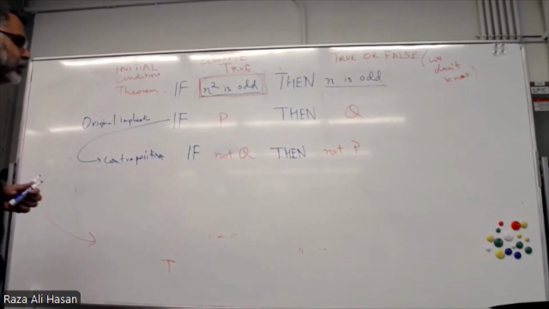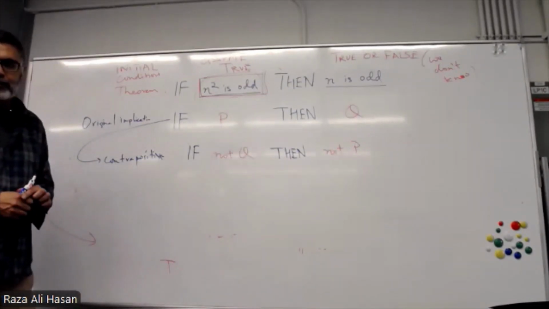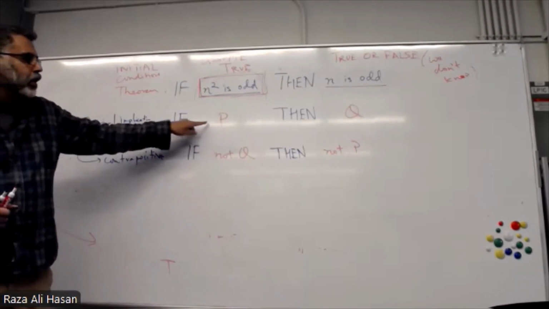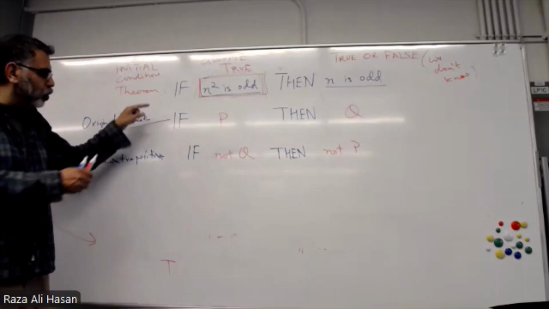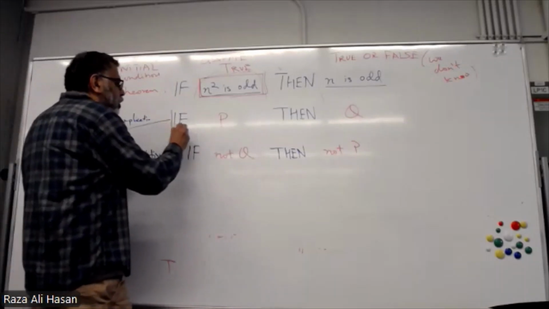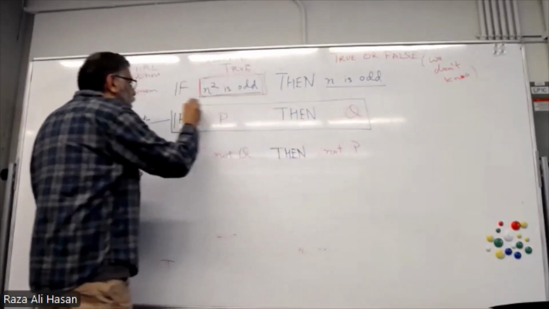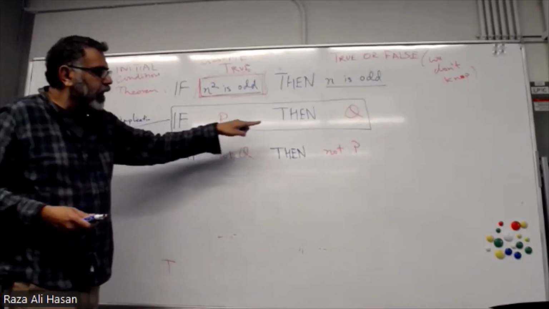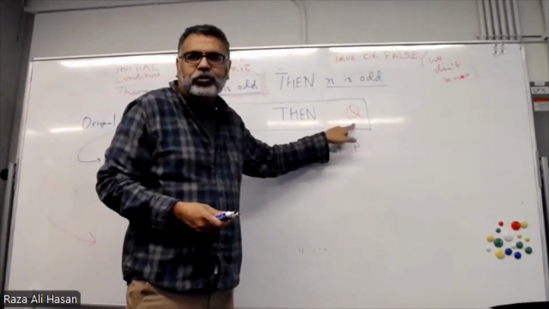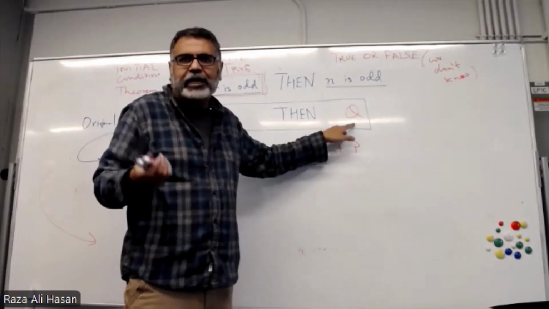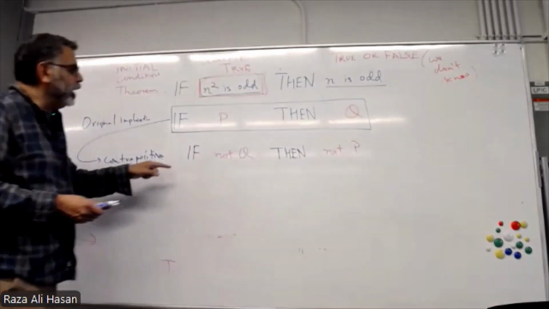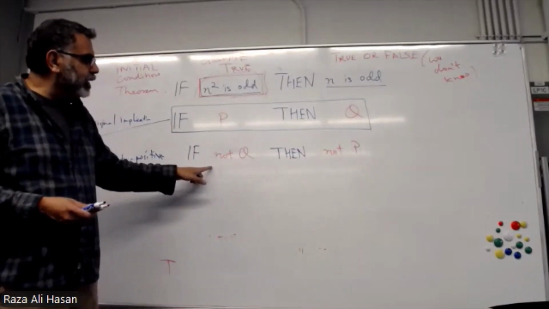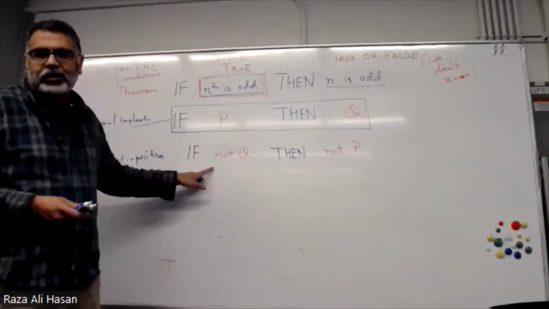All right, and then again, so what do we do here? We assume this to be true. This whole implication is going to be true if P and Q are both true. So when we do the proof, we assume P to be true, and then we check to see if Q is true or not. If it is true, then the implication is true. Over here, it turns out it's easier if we deal with the negation of the statements.